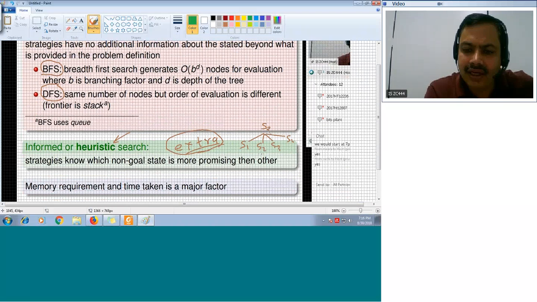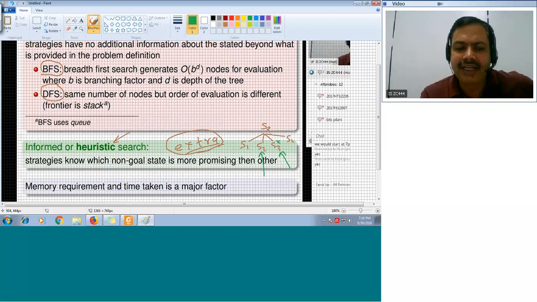You can say that going to S2 as compared to S3 is better, so I would not go to S3 first, I would first go to S2. You can find these kinds of strategies if some extra information is available to you.